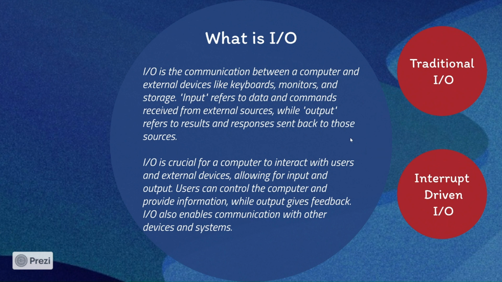I/O is crucial for a computer to interact with users and external devices, allowing for input and output. Users can control the computer and provide information, while output gives feedback. I/O also enables communication with other devices and systems. There are basically two types of I/O. First one is traditional I/O and second one is interrupt driven I/O, which will be further explained by Atharva.